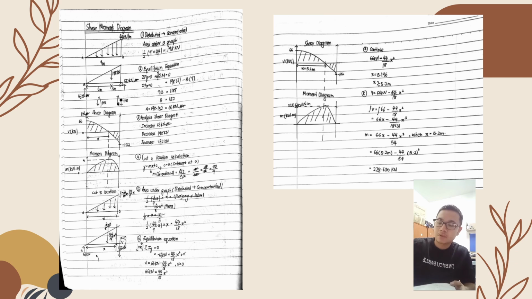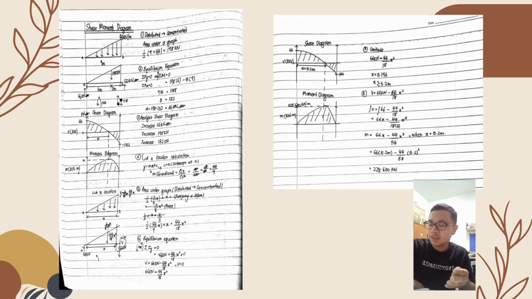The important part for this calculation is we have 8 steps to complete it, which I already wrote in point form. The first part is the distributed to concentrated load calculation. The second one is the equilibrium equation. The third one is analysis of the shear diagram.